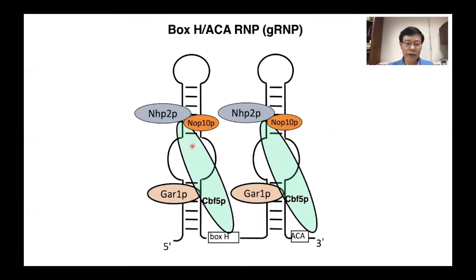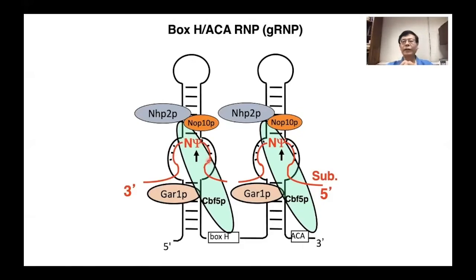During modification, the guide sequence in the internal loop serves as a guide that base pairs with the substrate sequence, specifically positioning the target nucleotide at the base of the upper stem. That is sufficient to tell the enzyme CBF5 which uridine to modify. So this reaction is highly specific, and the specificity is determined by the base pair interaction between the guide sequence and the substrate sequence surrounding the targeted nucleotide.